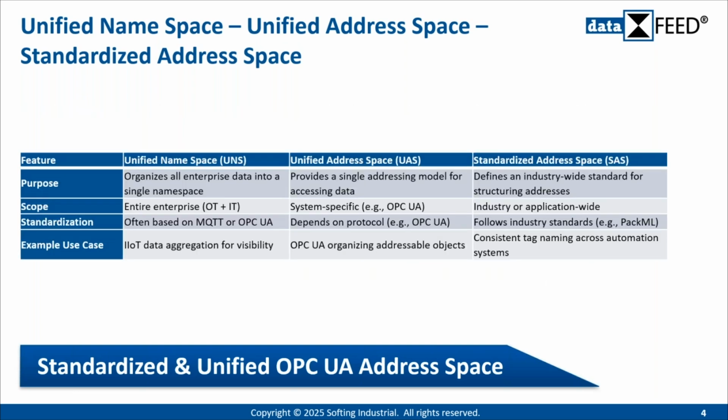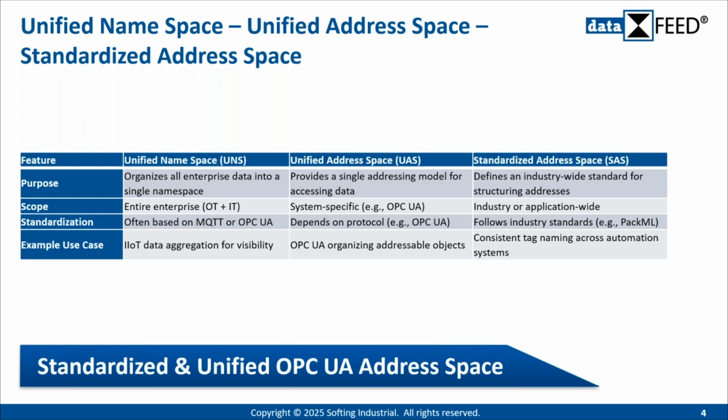But coming now to a second overview about this topic: what are the different features, purposes, and scopes? First of all, the purpose of a unified namespace: organize all enterprise data in a single namespace. Compared with that, a unified address space provides a single addressing model for accessing the data.